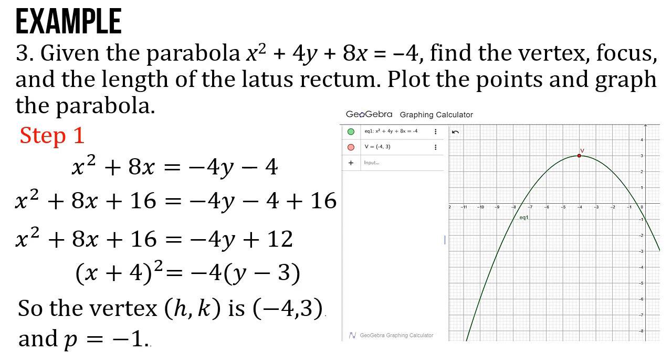We can actually graph the parabola already since we have the general form of the parabola. The standard form of the equation of the parabola can also be used in graphing the parabola.